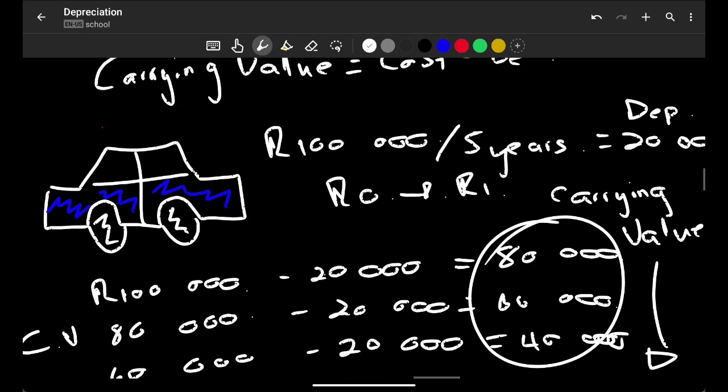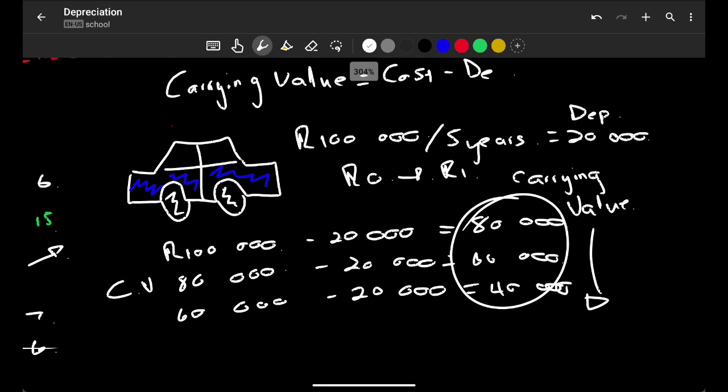But we'll go through that at another time. Right now, I just want you to understand the idea behind depreciation and why we have depreciation, right? Each year or each period that we have the asset, it loses value, right?